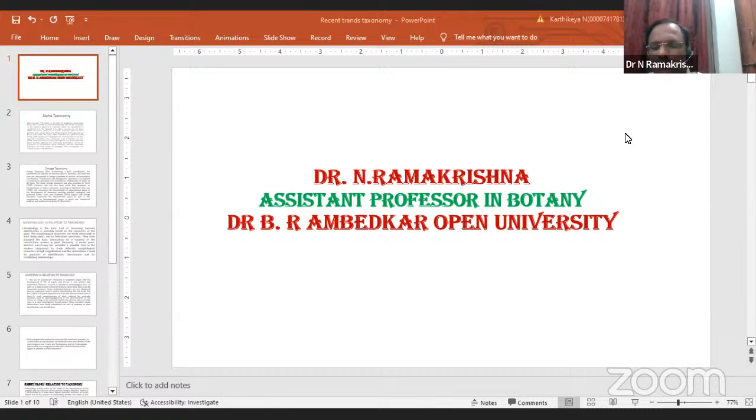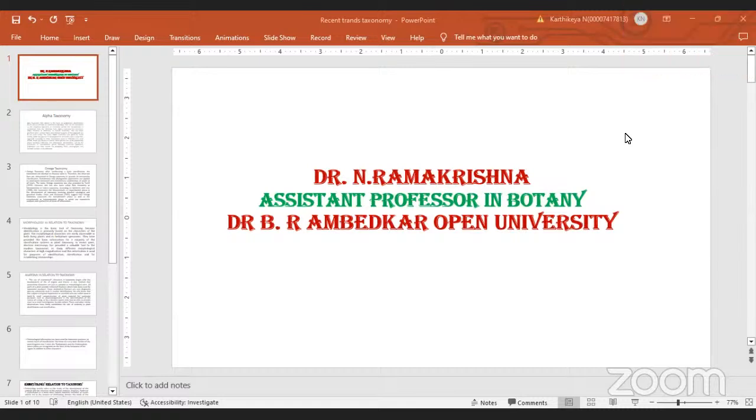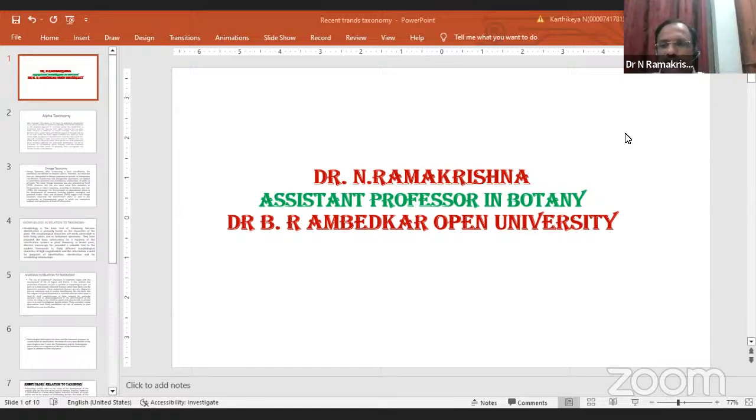Other DNAs, and also enzymes, I will tell about that later. Enzyme levels, molecular levels. When you go to classifications this way, we call it recent trends classification. Is it okay now?